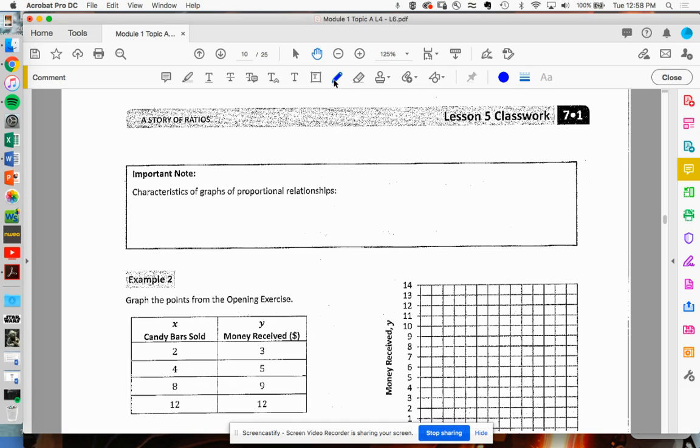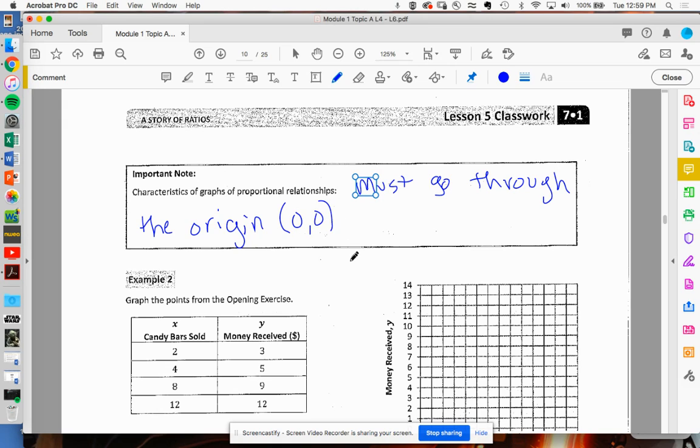So what were the 2 things I said? Characteristics of graphs must go through the what? Or have a point on the what? Origin. Good. Must go through the origin. And what is the coordinate for that? 0, 0. That's 0 left or right and 0 up or down.